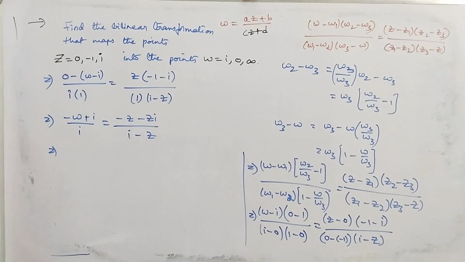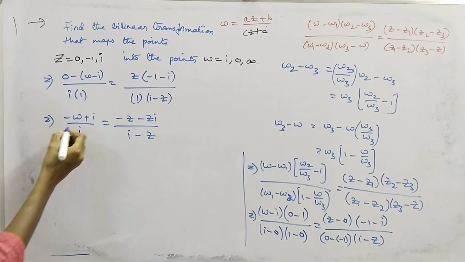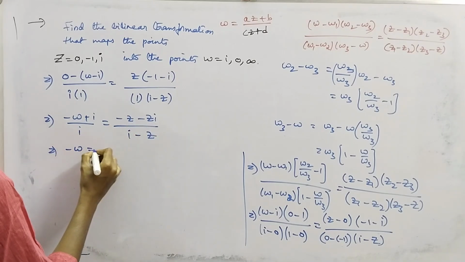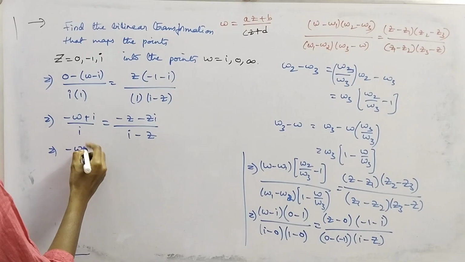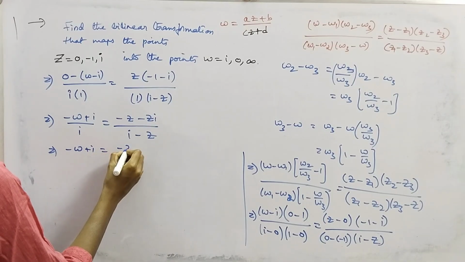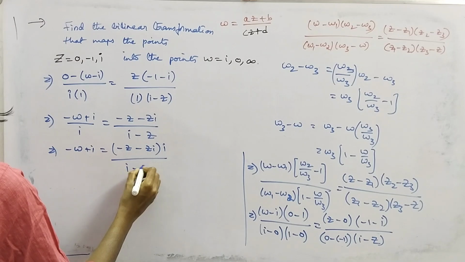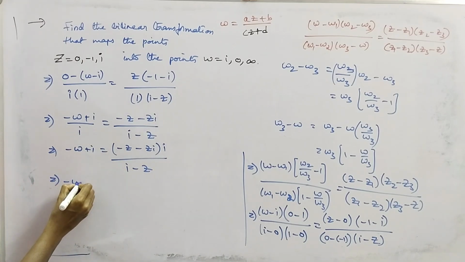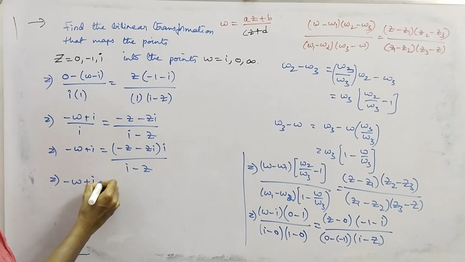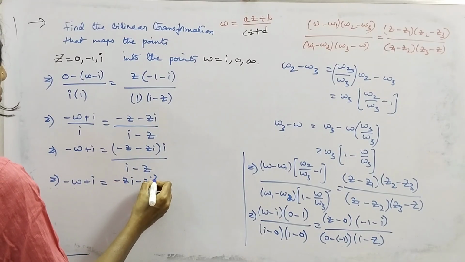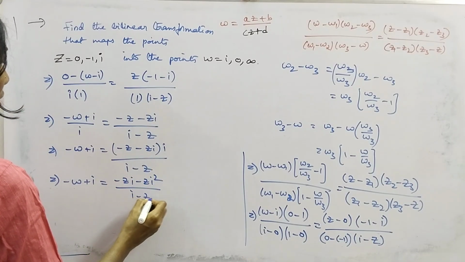Now take this minus to RHS, you'll get minus omega plus I equal to minus zi into I by I minus z, then minus omega plus I equal to minus zi minus z into I square by I minus z.